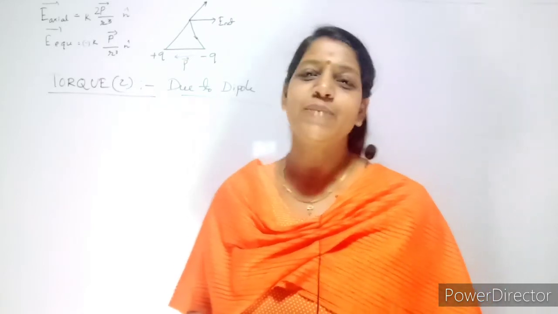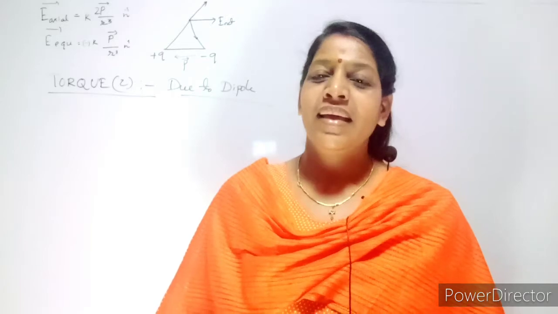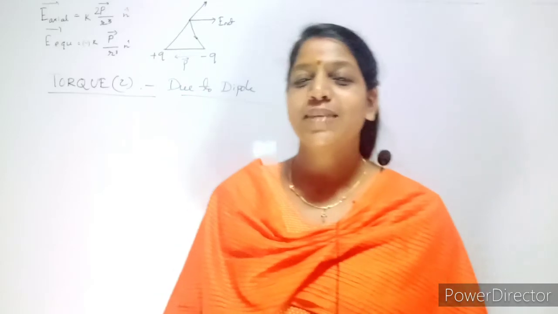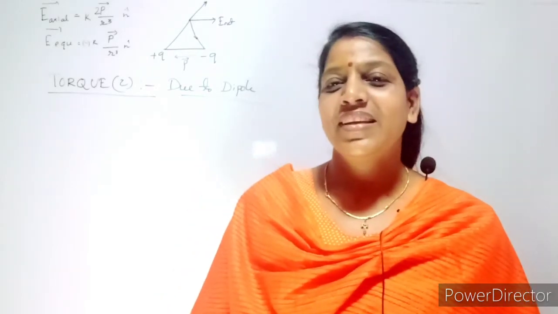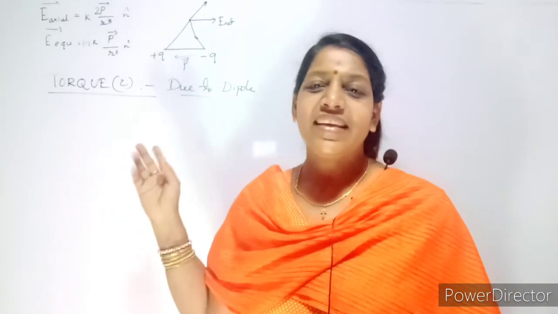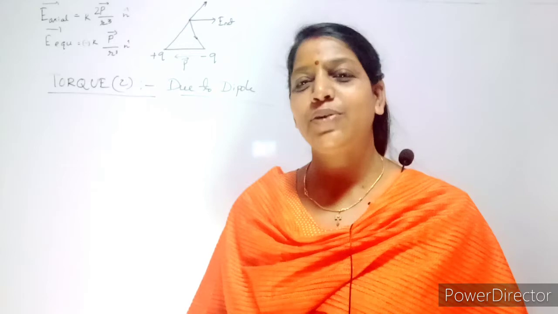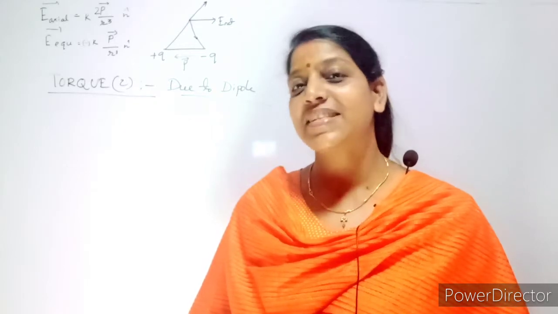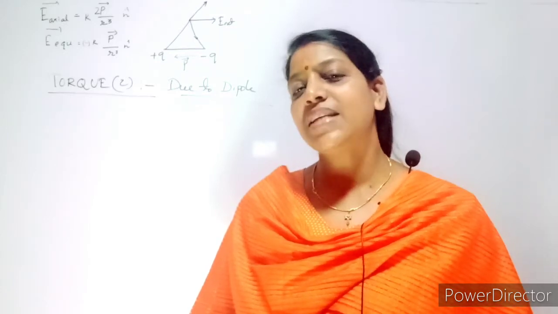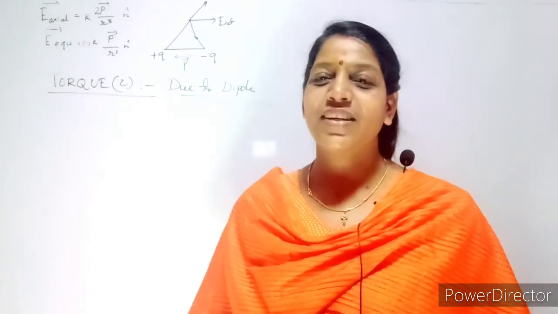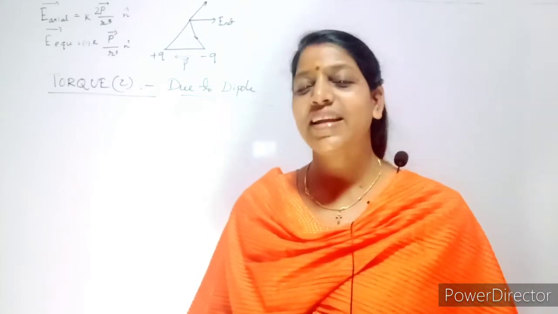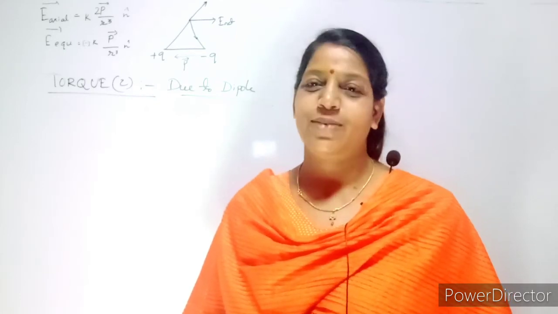And coming to the relationship between the electric field in axial line and equatorial line due to the dipole: E axial is nothing but 2Kp by Rq, whereas in the case of equatorial it is minus Kp by Rq. So the relationship is that E axial is always double the magnitude of E equatorial. Clear?